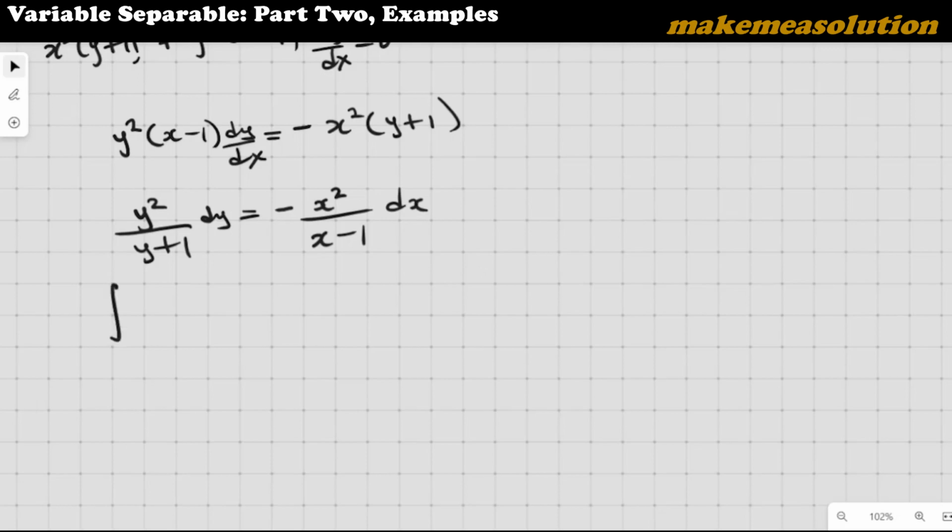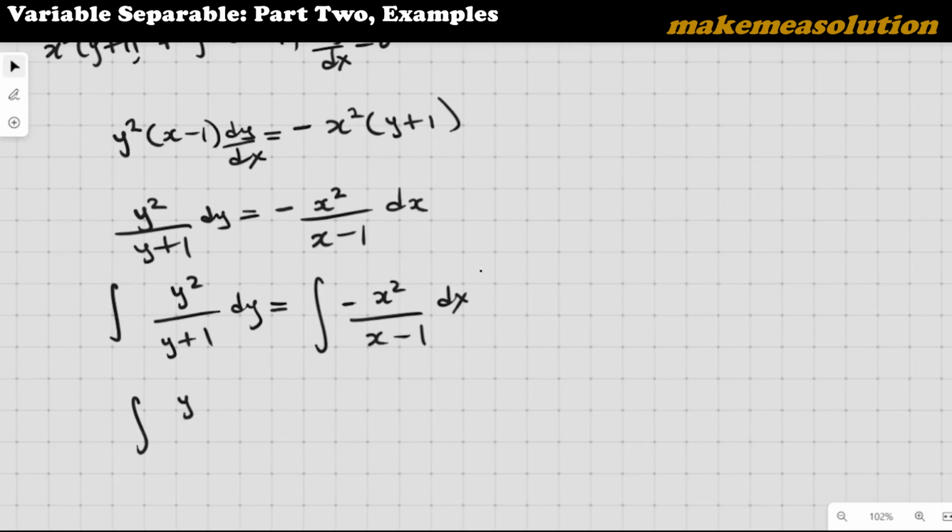Then you are going to integrate y squared over y plus 1 dy, while at the same time integrating negative x squared over x minus 1 dx. So let me write it in this form: is equal to negative integral of x squared over x minus 1 dx.